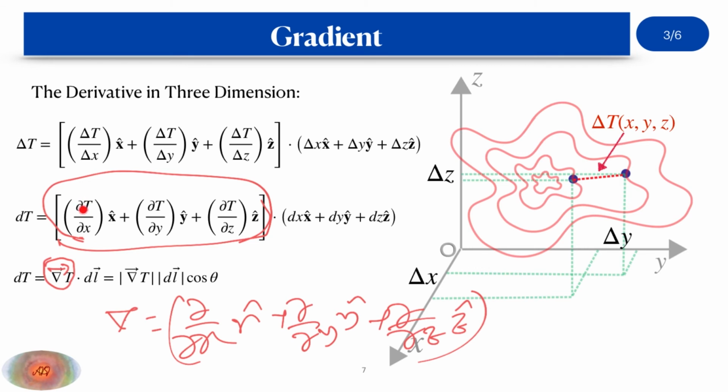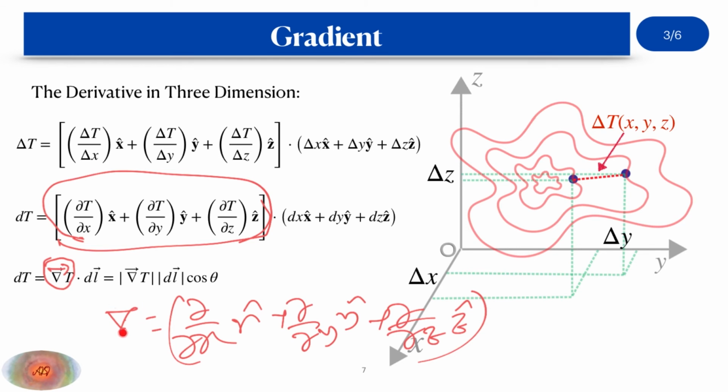If you take this T out of this expression, then you will have this del x, x cap, plus del y, y cap, plus del z, z cap, and that is nothing but this nabla operator or the gradient. Actually, gradient is the operation when you are doing this operation over the scalar field, that is the gradient.